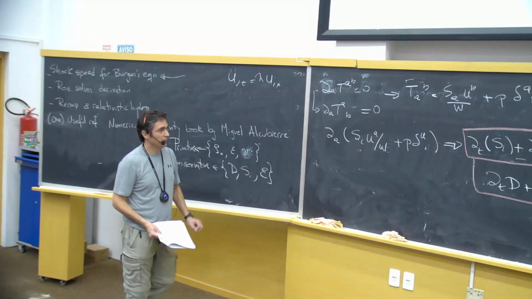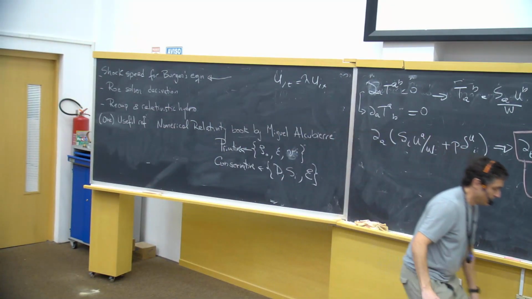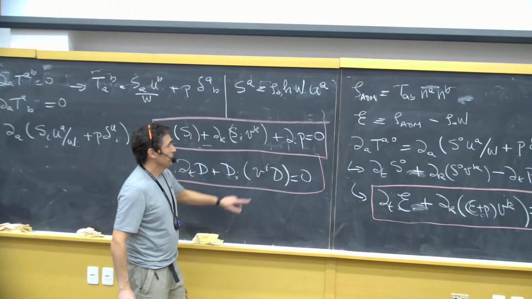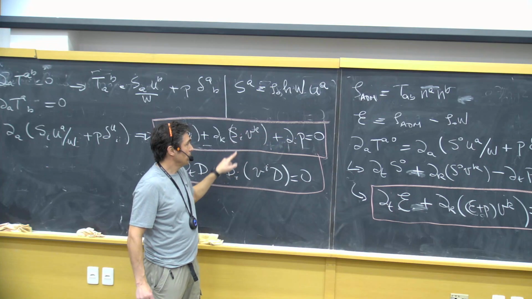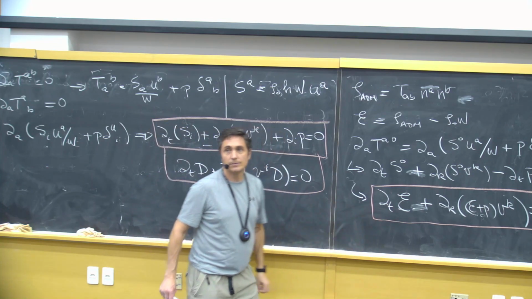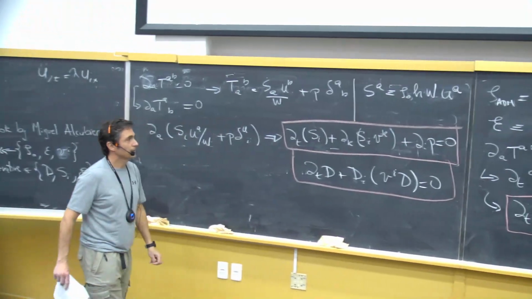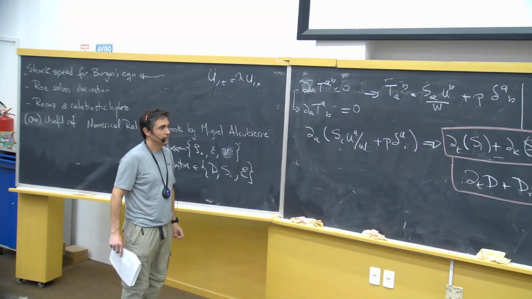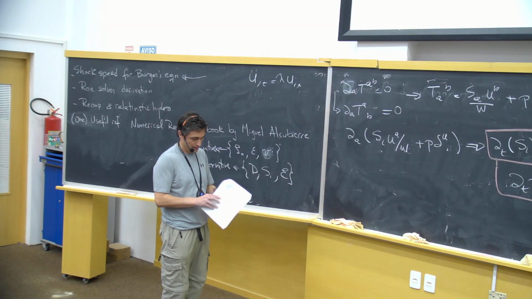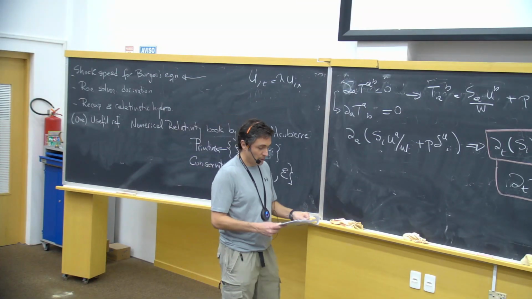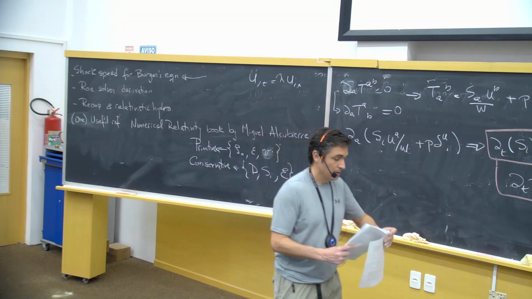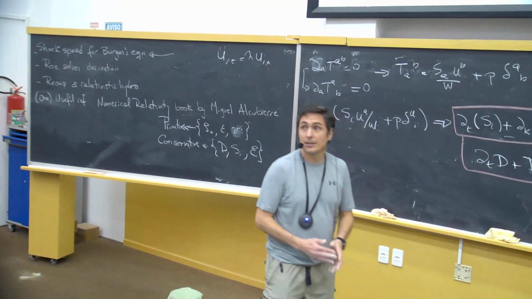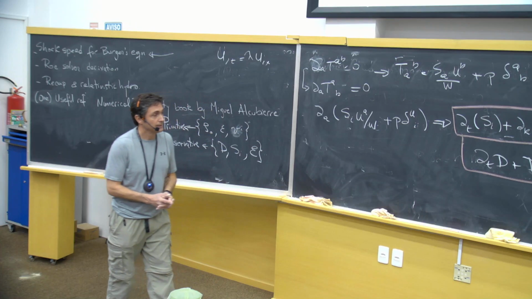So those are our evolution equations. By and large, with that exception, they're all conservation law form. And they are the ones that we would use to iterate the equations of motion.